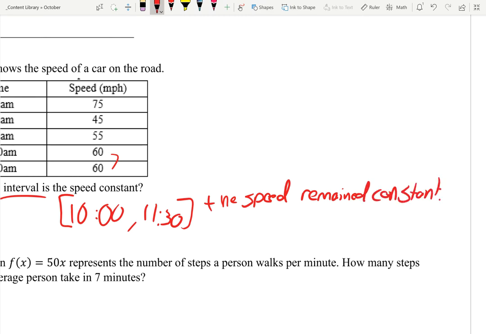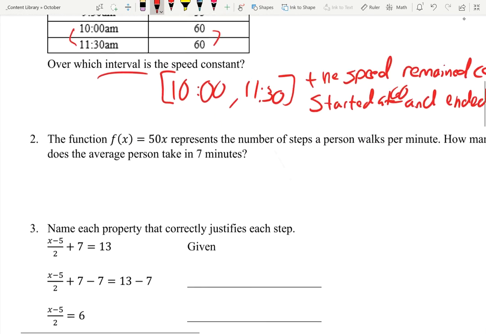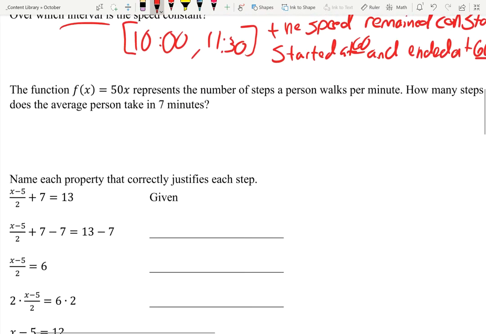And I know this because it started at 60 and ended at 60, right? Started at 60, ended at 60. Oop, I forgot to write 60 there. Started at 60 and ended at 60, meaning obviously the speed's not changing. It's not going up, not going down. Remain constant.